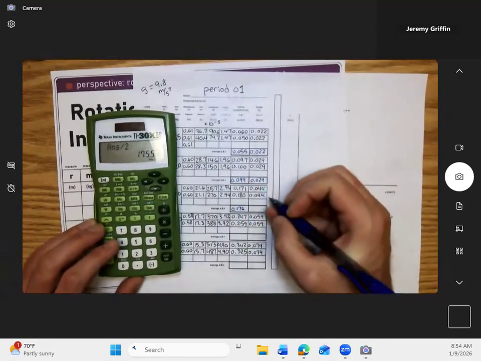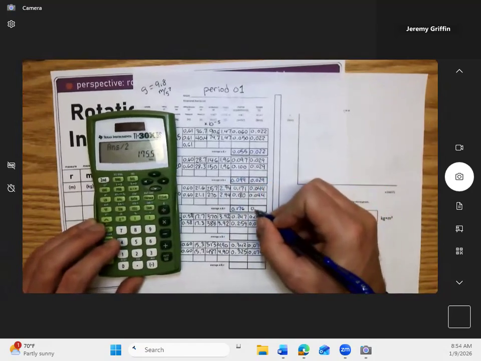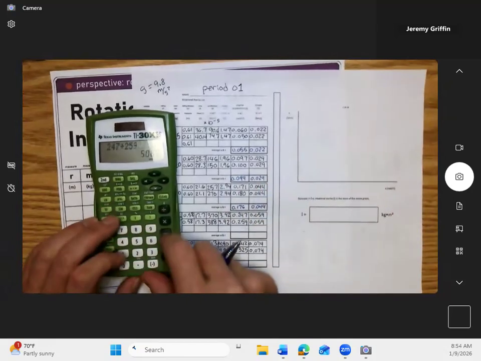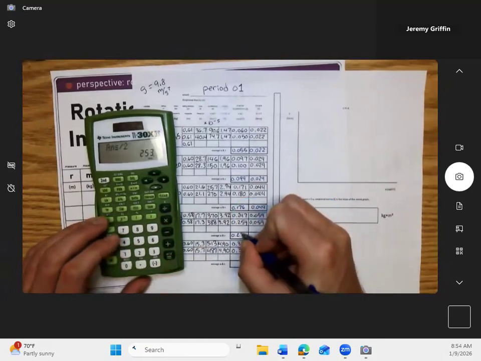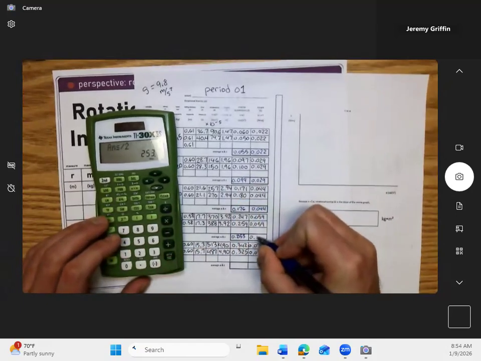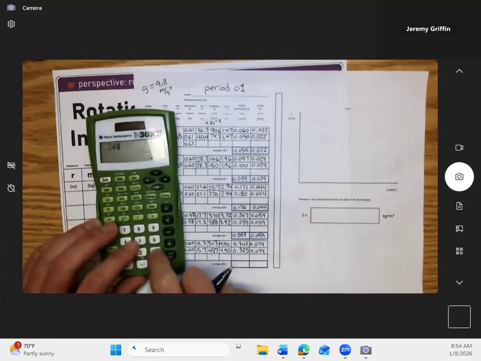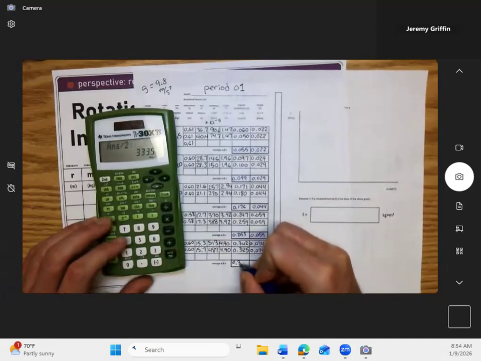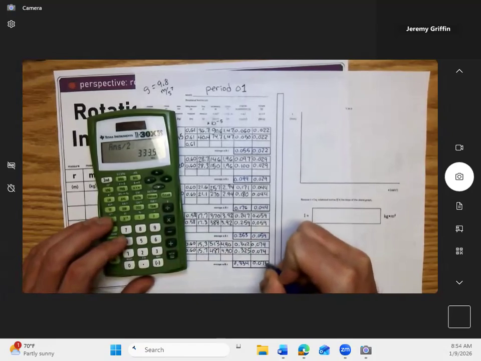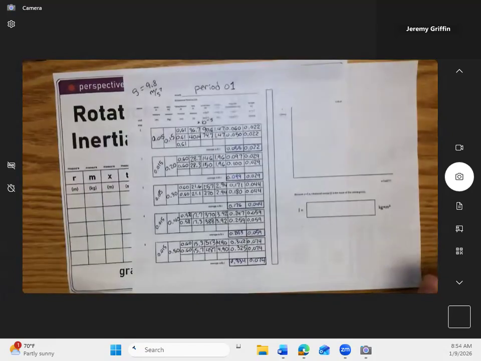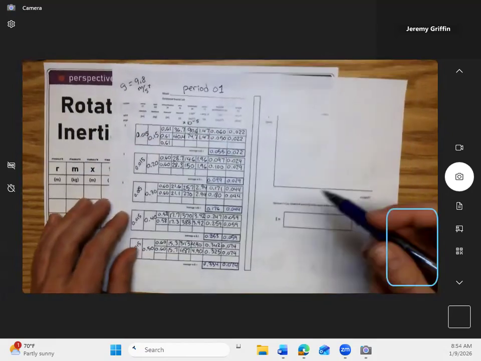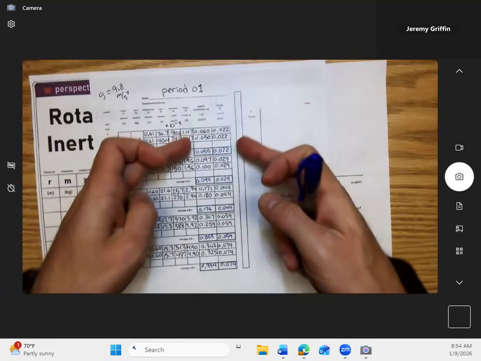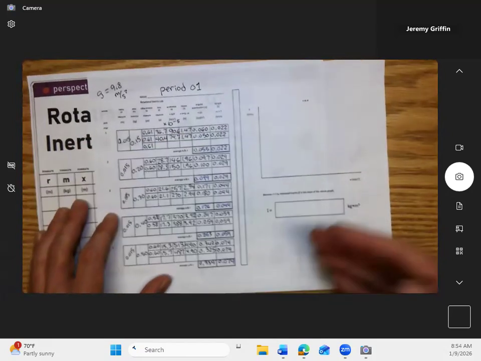I'm just taking the average alpha and the average tau. 0.059. All right, so I have those values, the alpha and tau values. That's kind of like the x-axis and the y-axis. So these are each individual coordinates. We have 1, 2, 3, 4, 5 coordinates, right? Let's plot it and see what happens.